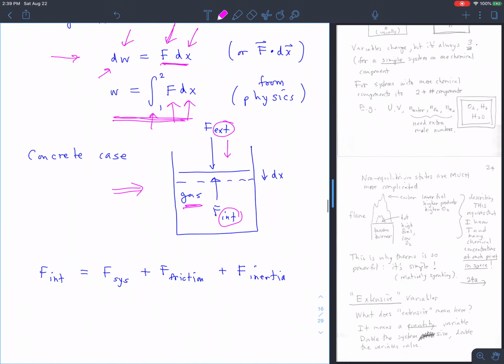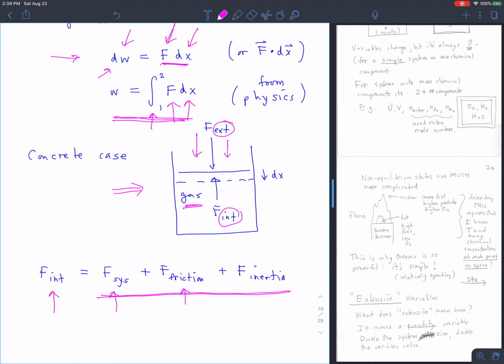That's just physics. The external force is just what it is, but the internal force, it's useful to think of it as having a bunch of different pieces or parts. There's a system-generated thermodynamic force, like the pressure creates a force on the cylinder. Pressure times area is a force, right?